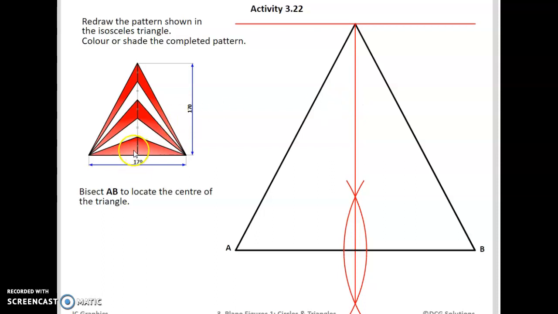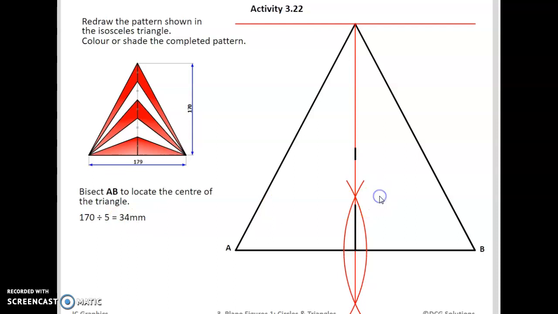Now, if you notice, these little marks here are equal marks, so it's telling you that each one of those is the same. So 1, 2, 3, 4, and 5. We're going to divide that construction line that goes up the middle into 5. 170 divided by 5 is 34.